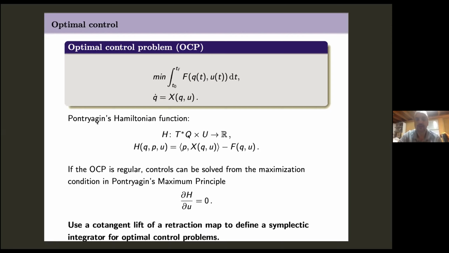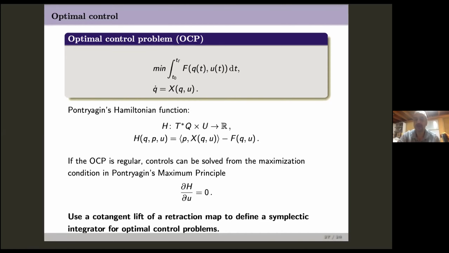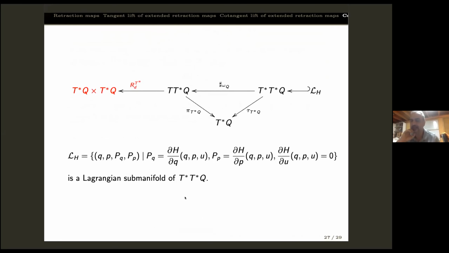Then, applying the Pontryagin-Hamiltonian principle, we have this Hamiltonian, which also depends on the control function, and we have the Pontryagin maximum principle, which gives this condition here.